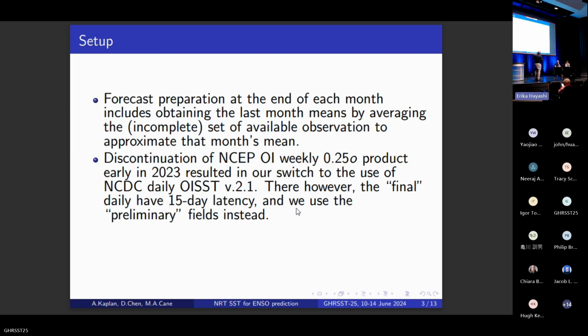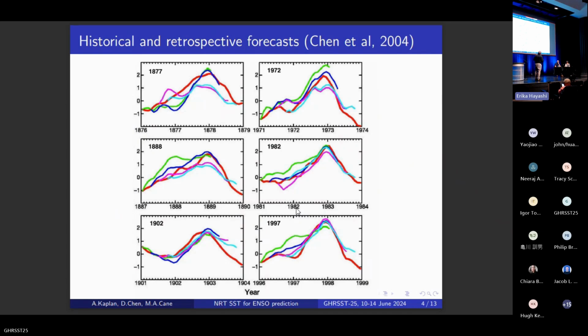Then I learned interesting things: the final daily fields of that product have 15-day latency, during which we can use preliminary fields. And that's what we are doing because we have deadlines by which the forecast should be produced. It's somewhere near the end of the month. Sometimes it's before and sometimes after, but full fields do not exist.